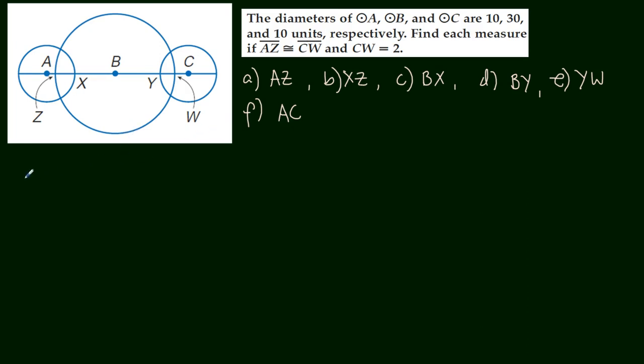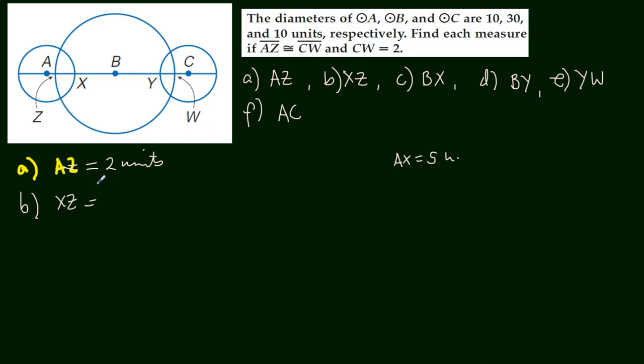Let's solve some of those. A zeta is equal to 2 units. B, X zeta: from A to X, AX is 5 units.